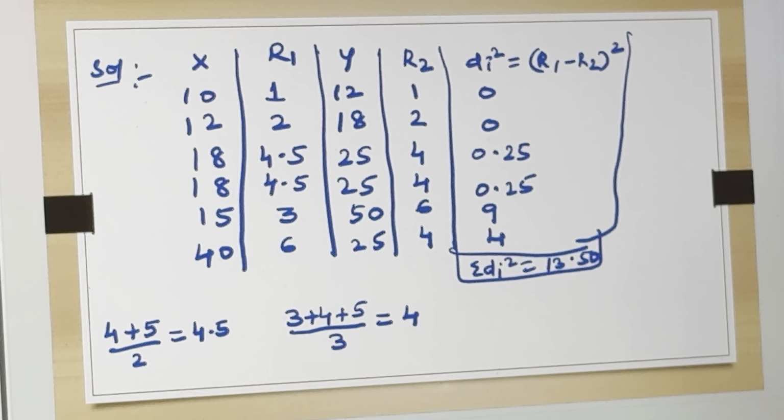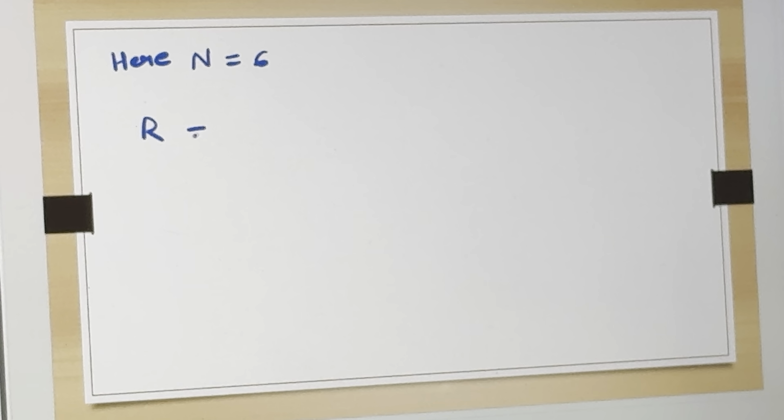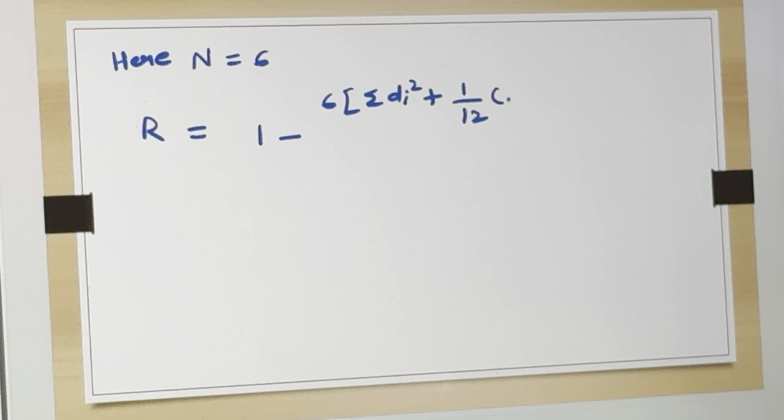Okay. Now how do we write the formula, students? What is n here? N is nothing but the total number of observations, which here is 6. Okay. Therefore you have written n is equal to 6. Now what is the formula which we are supposed to remember? R is equal to 1 minus 6 into summation di square plus 1 upon 12 into m1 cube minus m1 plus 1 upon 12 into m2 cube minus m2 upon what?